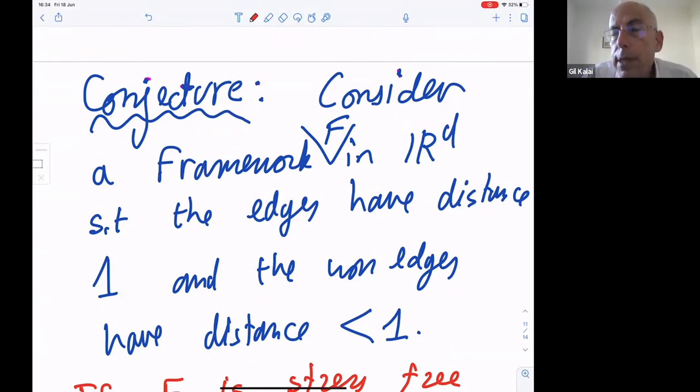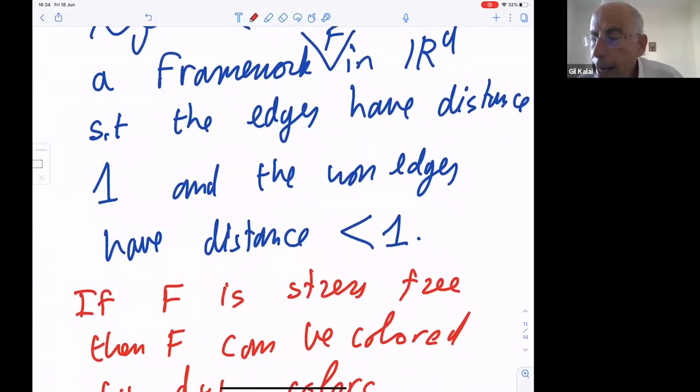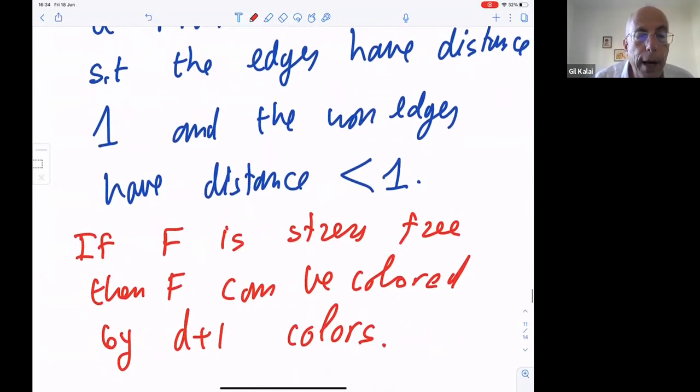So far, it's the same as the finite Borsuk problem. But now we add another condition. If F is stress-free, then F can be colored by d+1 colors. Or another way, if F is stress-free, then the vertices can be divided into d+1 sets of smaller diameter.